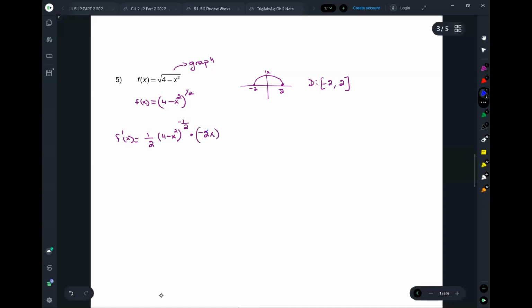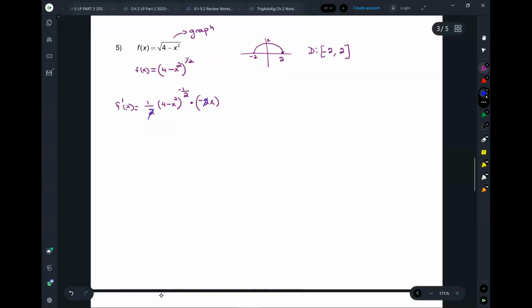Now, the 2's go away. So now I have -x times 4 minus x squared to the -1/2. So this is going to be -x over 4 minus x squared to the 1/2.